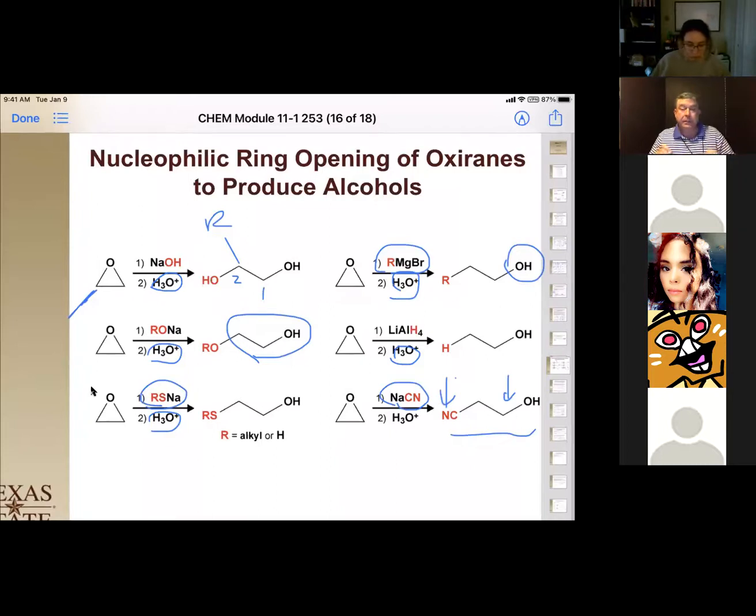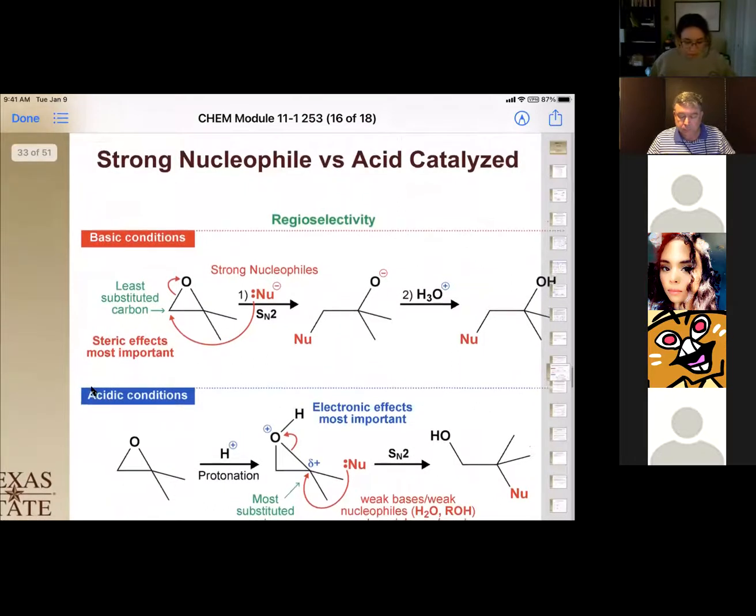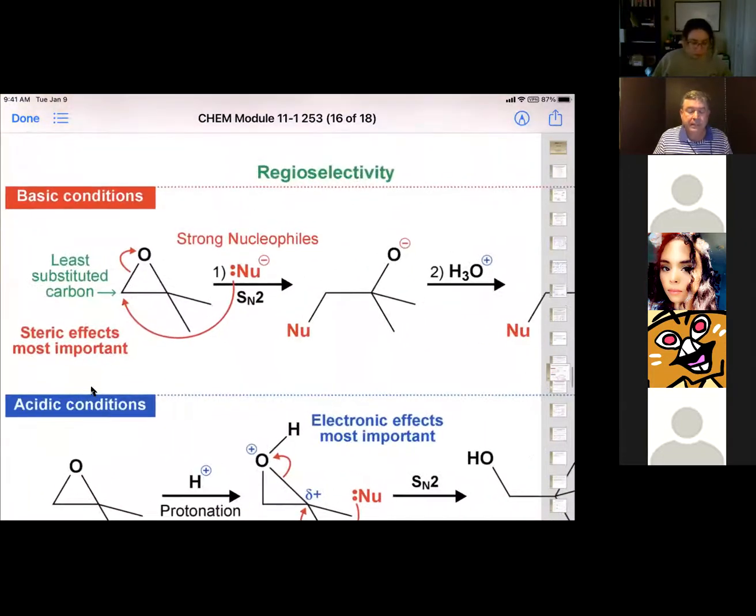Okay, I've got 3 minutes left. There are 2 ways to ring open this. We can do it under basic conditions with a strong nucleophile or under acidic conditions. Under acidic conditions, we're trying to help the ring open a little bit before it forms. If it's a strong nucleophile under basic conditions, it's going to attack the least substituted carbon because of sterics.